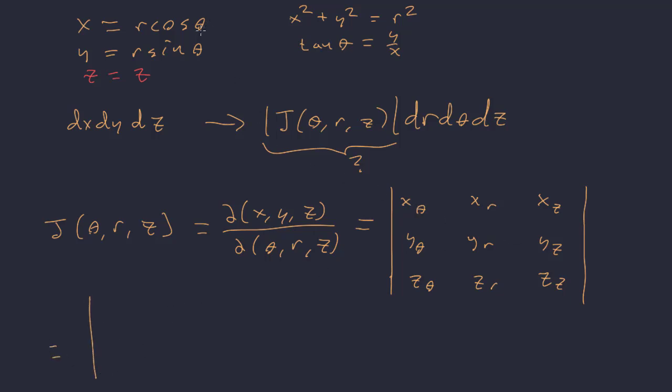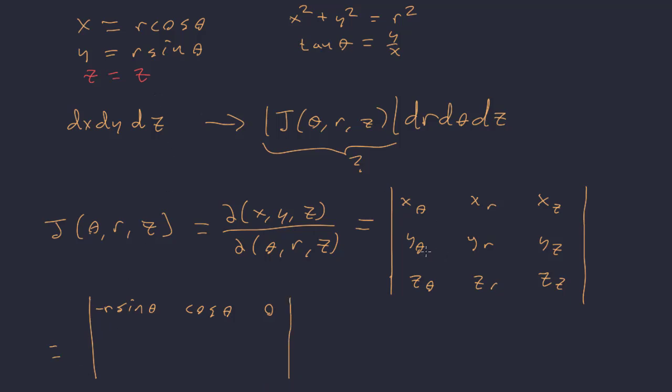Okay, x with respect to theta, well, that's going to be r negative sine theta. X with respect to r will simply be cosine theta. Okay, and x with respect to z, well, there's no z in the x formula, so that's just going to be 0.